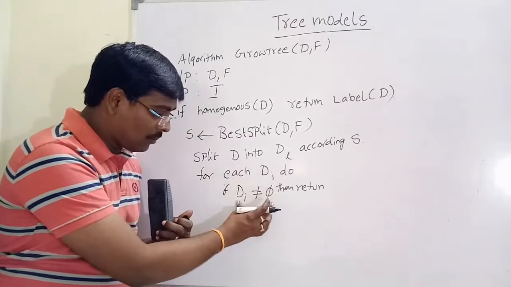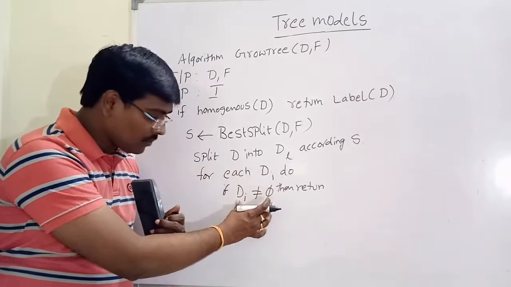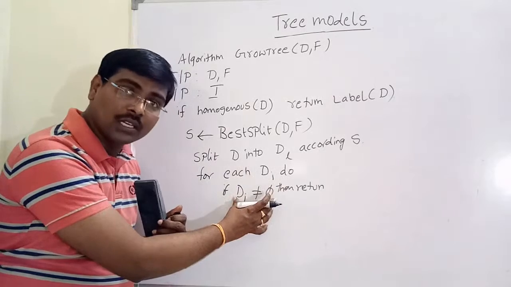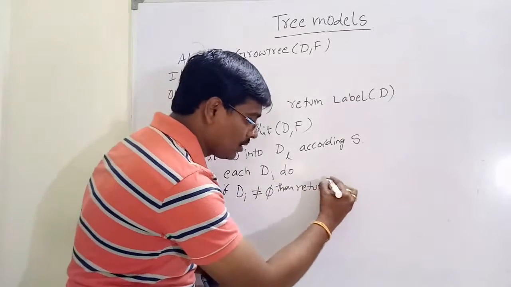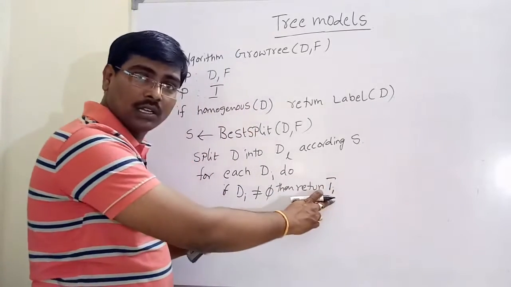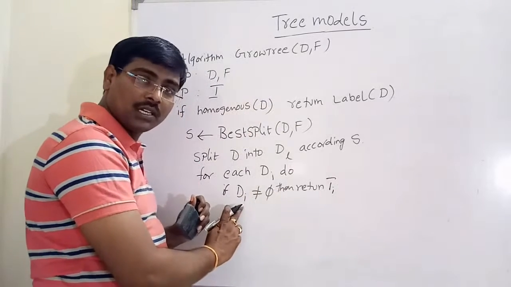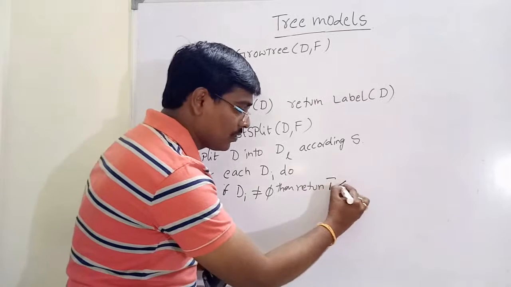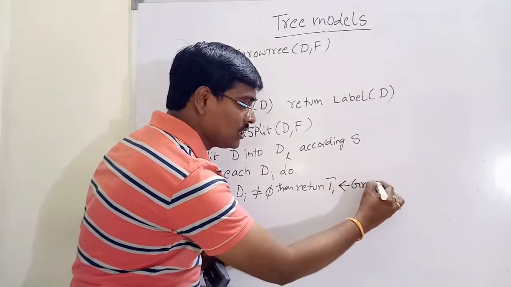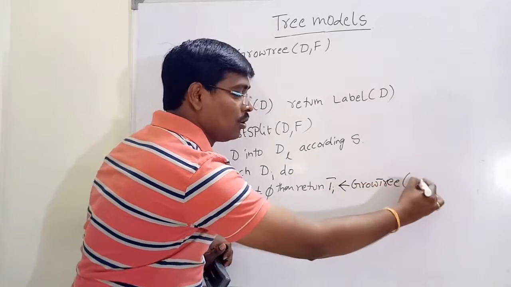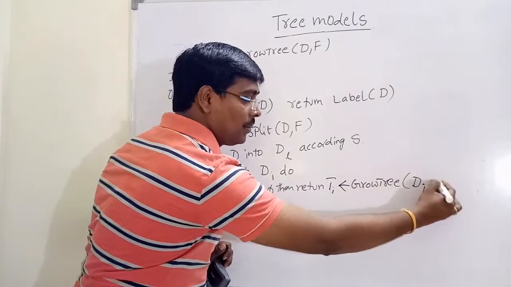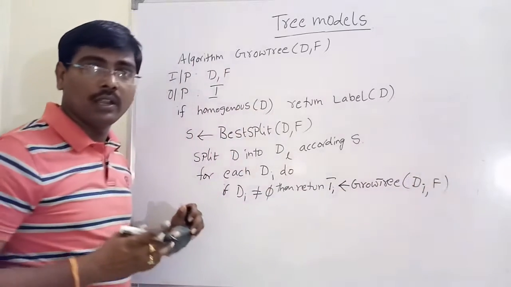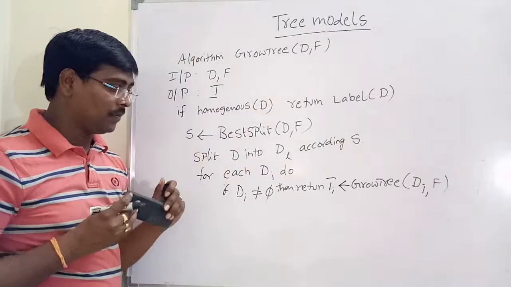If the subset contains some instances, then Ti is the future tree. For example, for the subset D1 we get a future tree T1. This is a recursive call: GrowthTree of Di comma F.